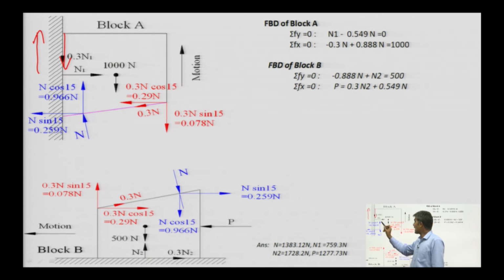N1 is the normal reaction between this vertical wall and block A. Since the coefficient of friction given in the question is 0.3, that is why the friction force value is 0.3 N.